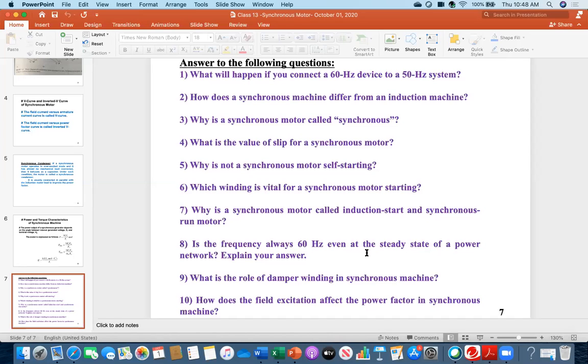So even at the steady state, do you think that the frequency is 60 Hertz, or it could be a little bit more, or a little bit less? To understand this, let me take you to a whiteboard for a moment.